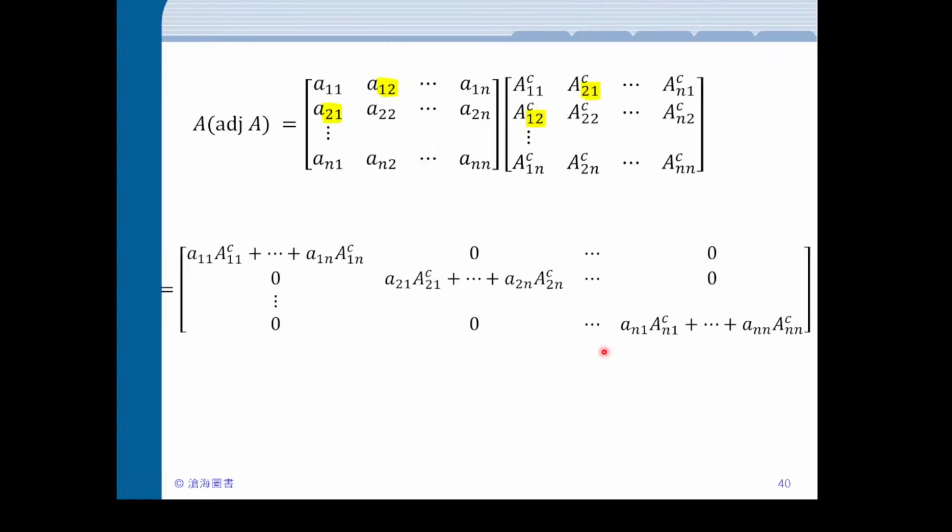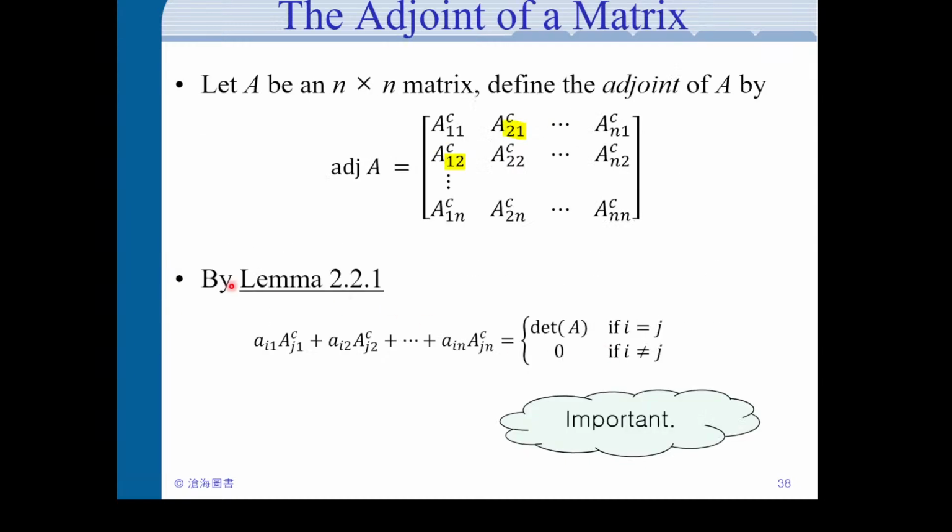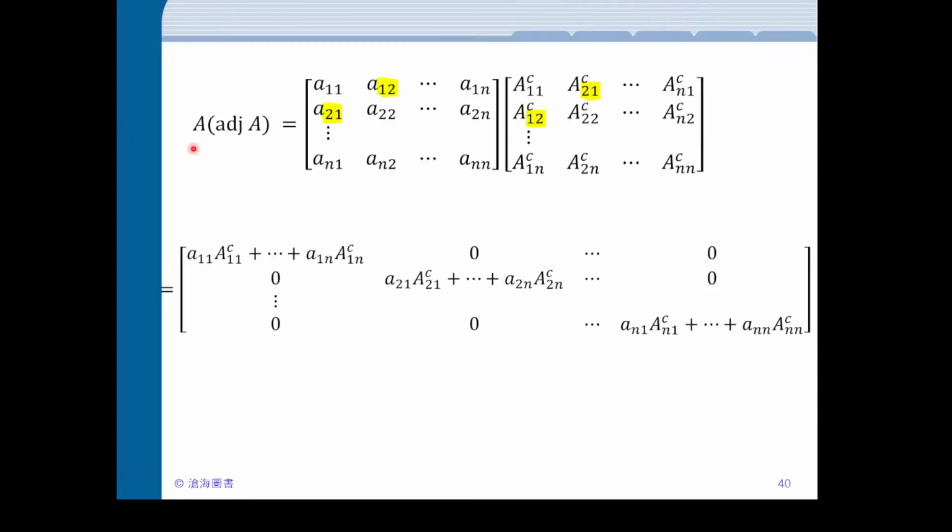Okay, and now this is useful when this thing can be expressed as an element of the product of A and the adjoint of A. So A is this matrix with small a_ij, and the adjoint of A is this matrix with big AC_ij, or big AC_ji. So you see this 1 2 here, 2 1 here, and 2 1 here, 1 2 here, and you calculate all the elements of those products.